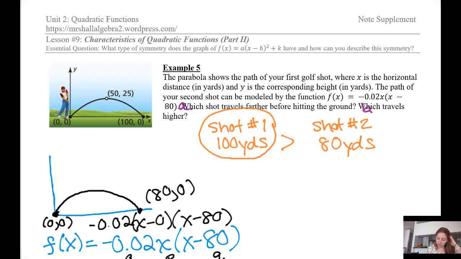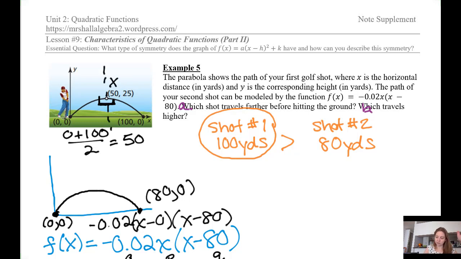In shot number 1, they've already identified the vertex of this parabola, and one way to double check is that the vertex is going to be on the axis of symmetry, which is halfway between the two x-intercepts. So if we take 0 plus 100 divided by 2, we get 50, and that is the x value of the vertex, or the axis of symmetry.